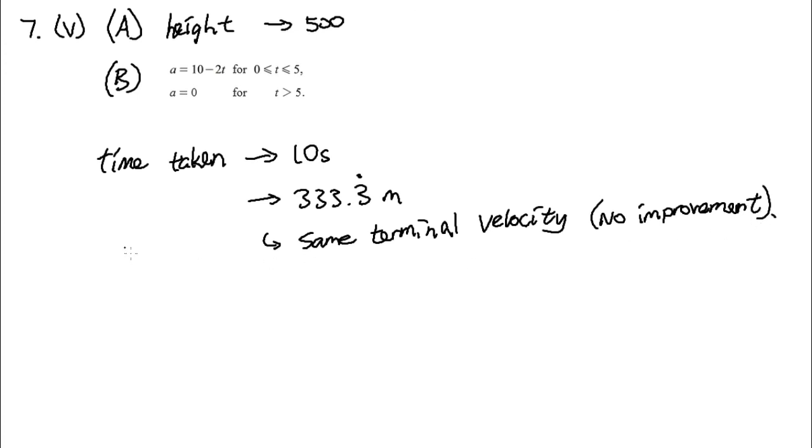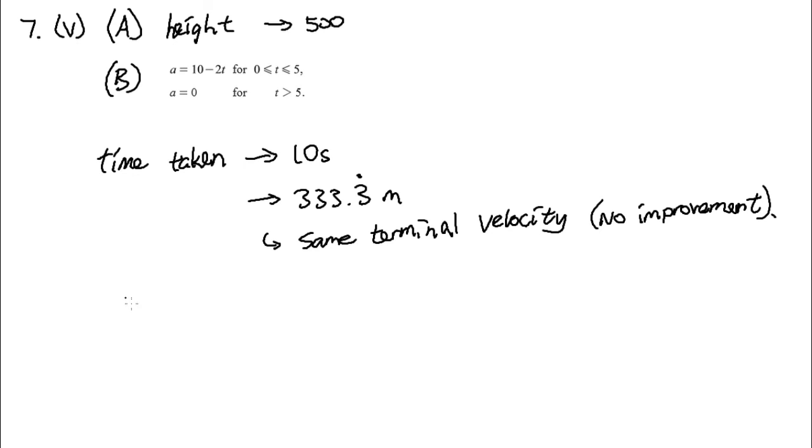What about B? The model is modified so that it reaches terminal velocity at t equals 5, and the acceleration decreases much faster now. So let's see what the terminal velocity is.